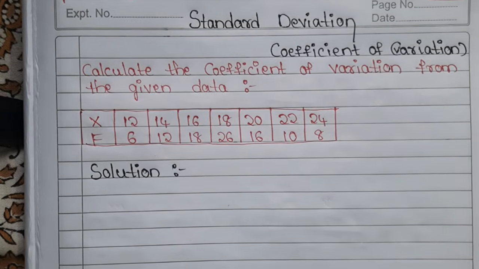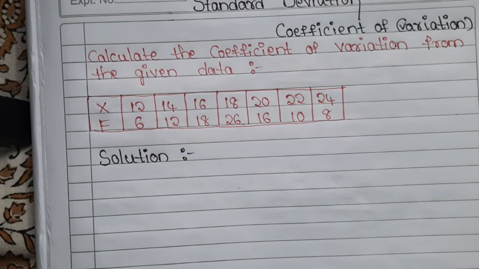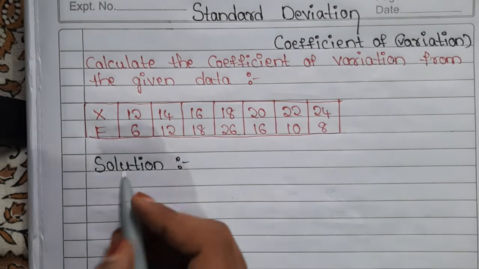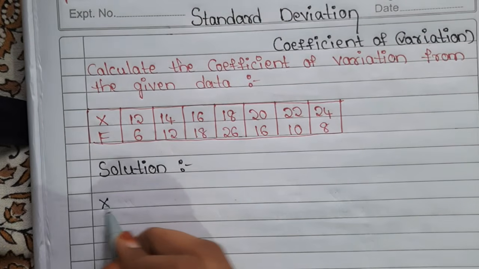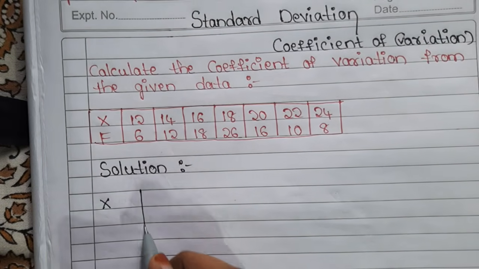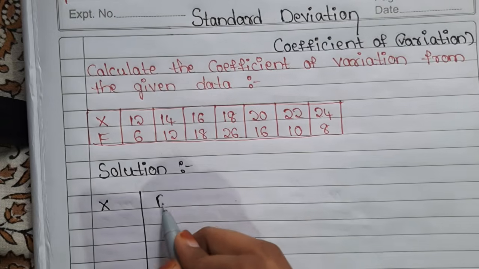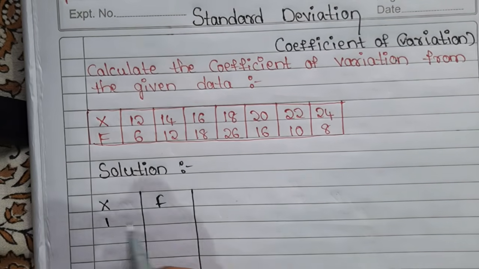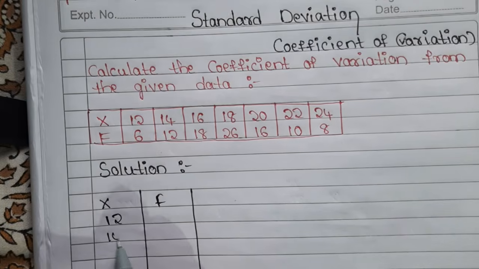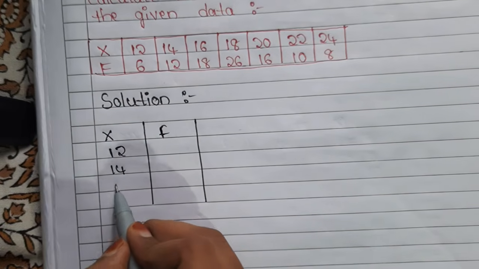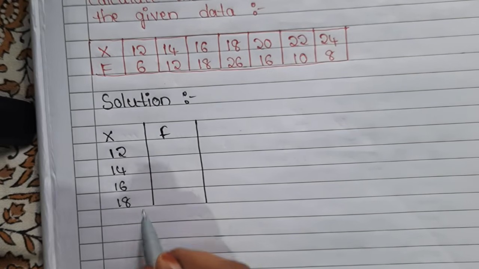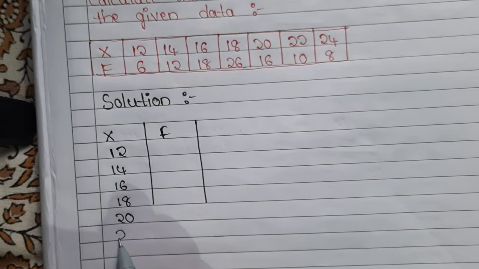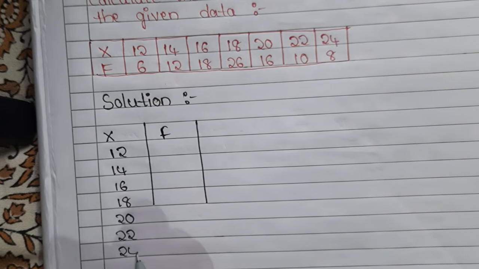Whatever they have given in the question, you have to take as it is. Take this as the x column, then we have the f column. Whatever they have given in the question, you take in the same way. x values: 12, 14, 16, 18, 20, 22, 24.